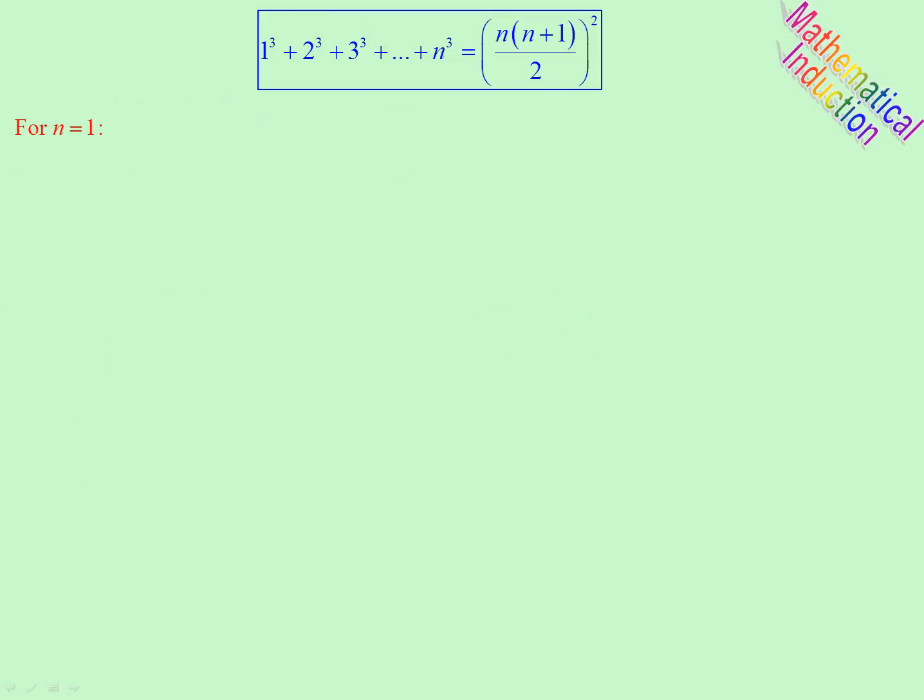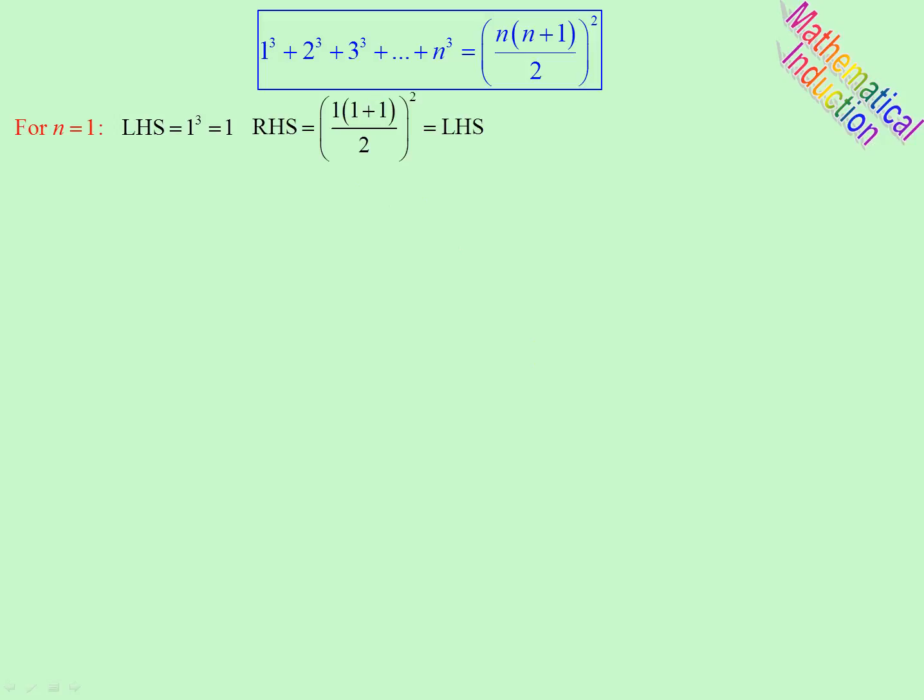For n equals 1. Left hand side, first term, which is 1. Right hand side, sub in 1, 1 times 2 is 2, over 2 is 1, squared is 1.